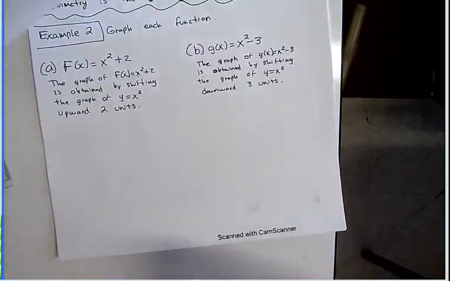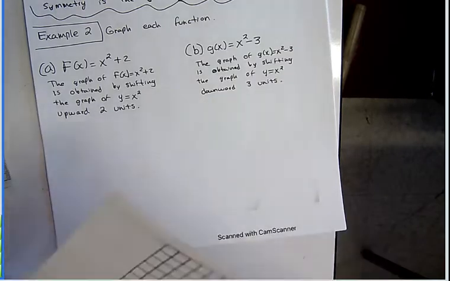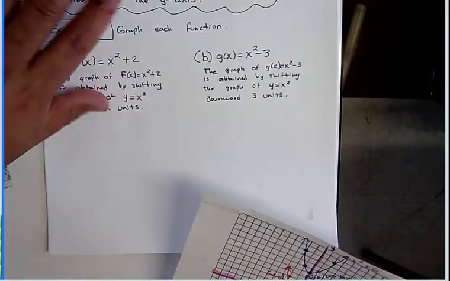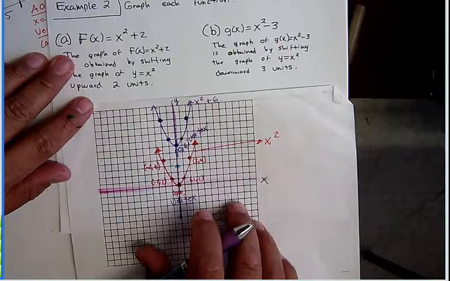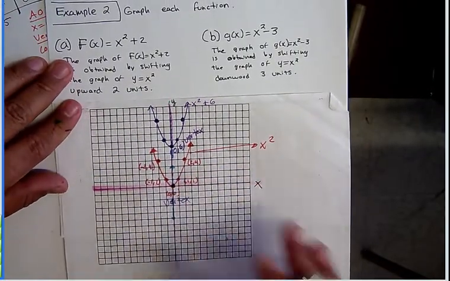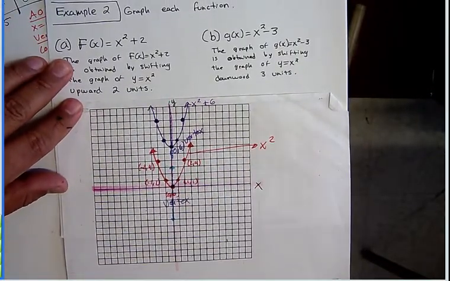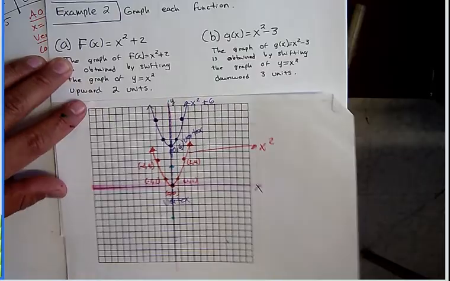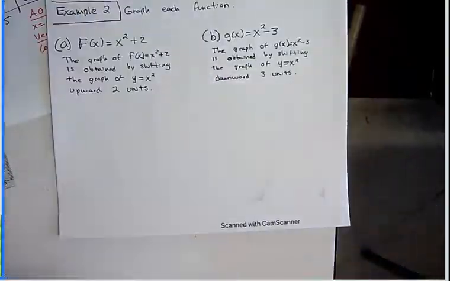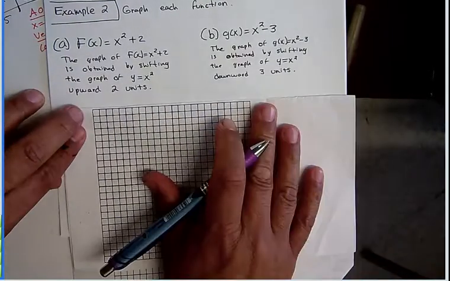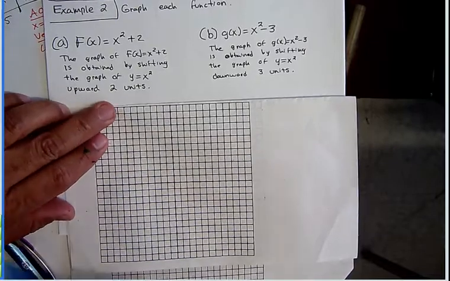Now let me move on to these ones. Again, I'm going to have to graph for this one, because if not, I'm going to run out of space here. So for A and B, I'm going to graph the parent function, the one that I had before.